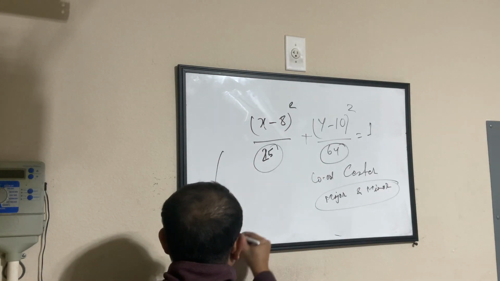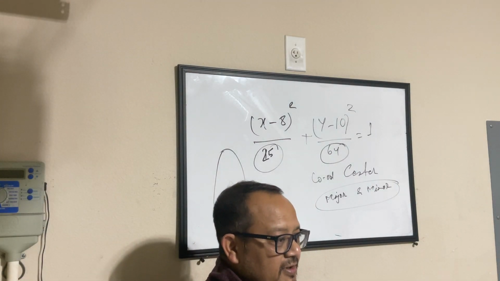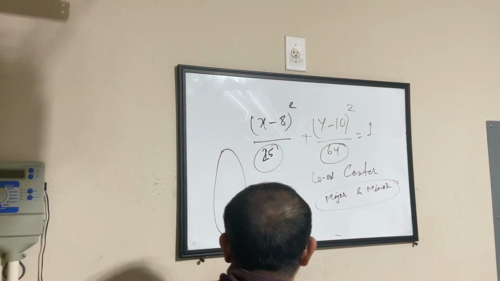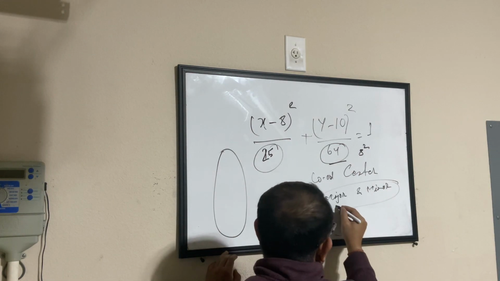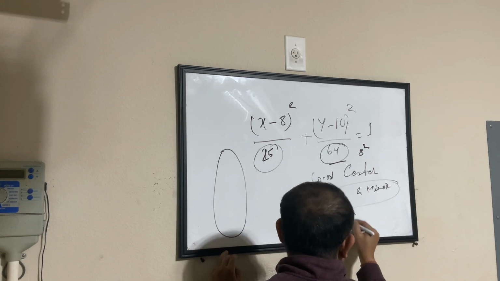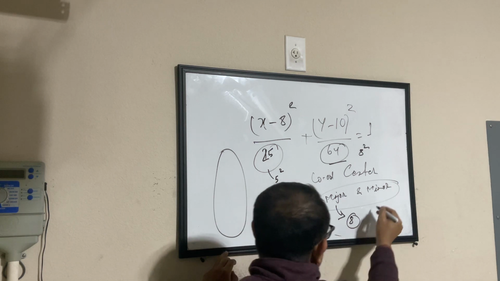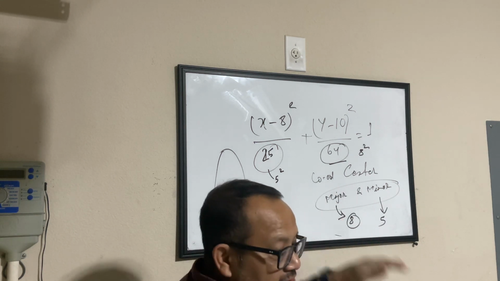So basically, your ellipse is standing right now. Yeah? So basically, this is 8 square, so your major radius is 8, and this is 5 square, so your minor radius is 5.